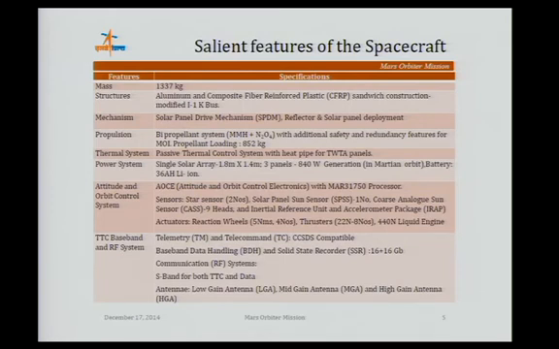Thermal system is basically a passive thermal control system adopted with heat pipes wherever required where high power dissipation takes place. And power system is basically a single solar array with around 840 watt generation at Martian phase and 36 ampere hour lithium ion battery.